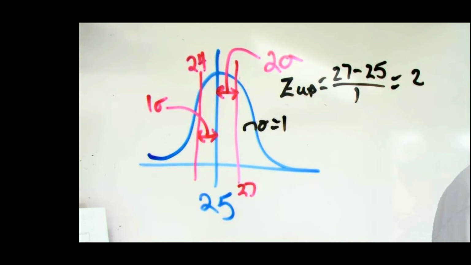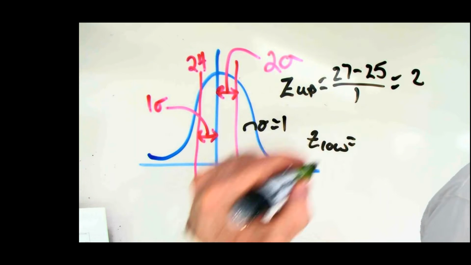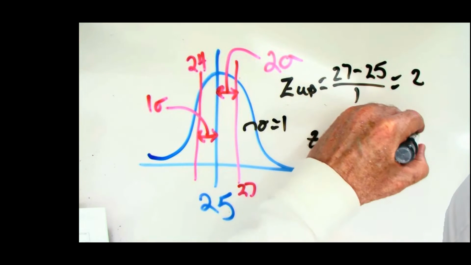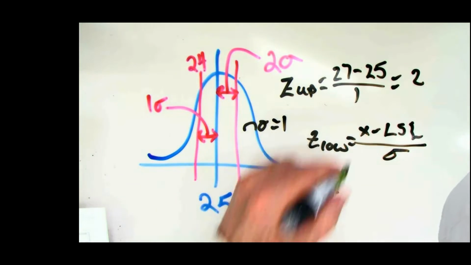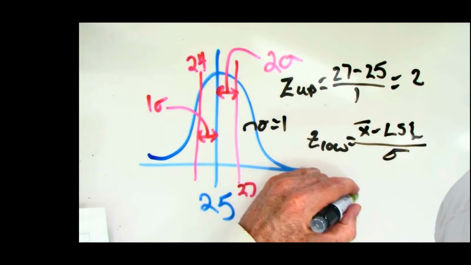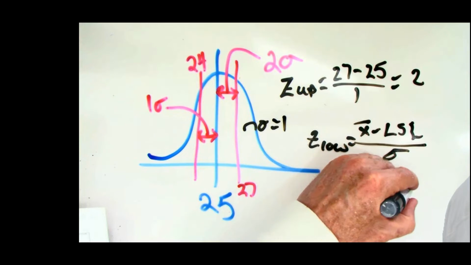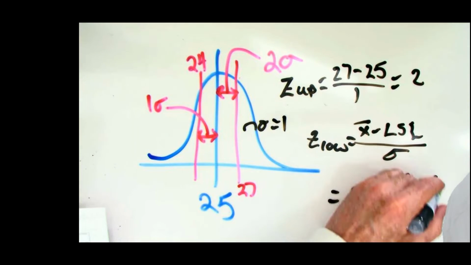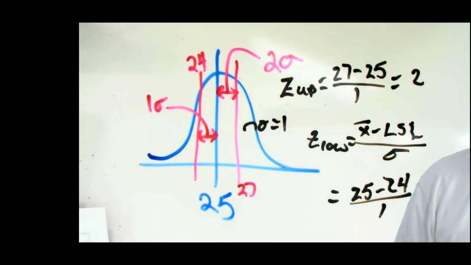Then I do Z lower, which equals the average minus the lower spec limit divided by sigma, which equals 25 minus 24 divided by 1, which is 1. And that's where I got the 1 sigma.